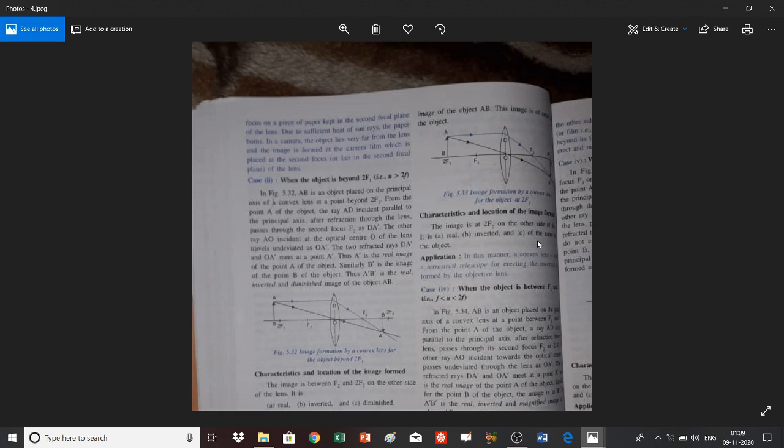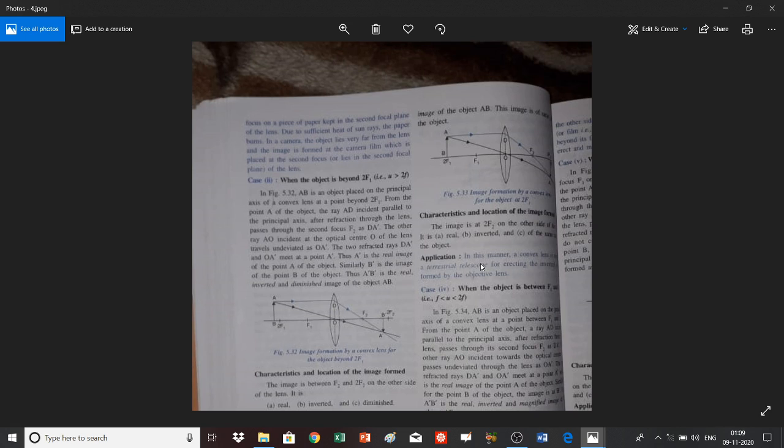And the size, if you draw it on your paper, on your notebook, you will see that this height and this height are equal. So in this case, the object size and the image size will be the same.